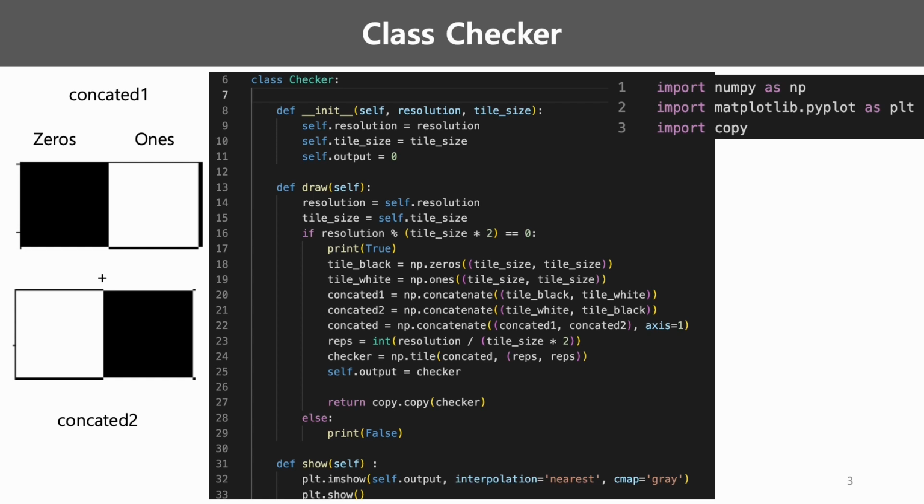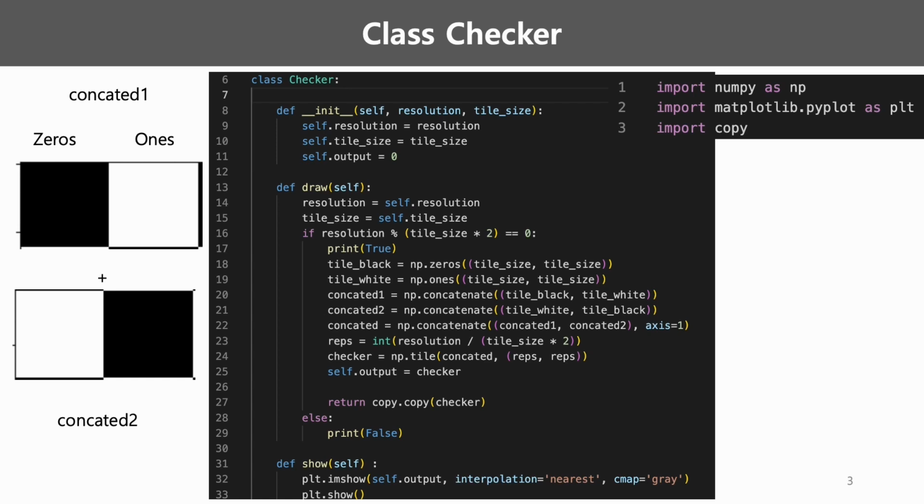And then concatenate concatenated 1 and concatenated 2 to create a 2x2 block of the checkerboard pattern. It uses np.tile to repeat the 2x2 block to create the full checkerboard pattern. And then assign the checkerboard pattern to the output member and return a copy of it.